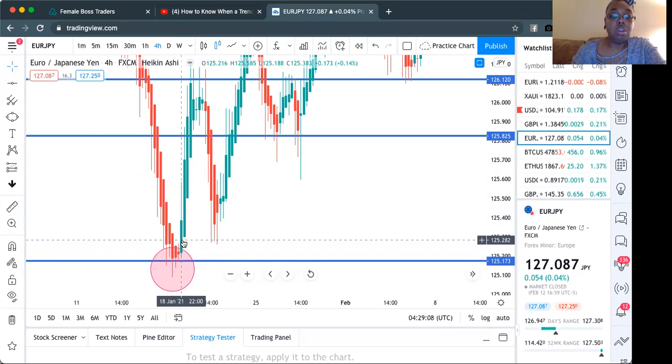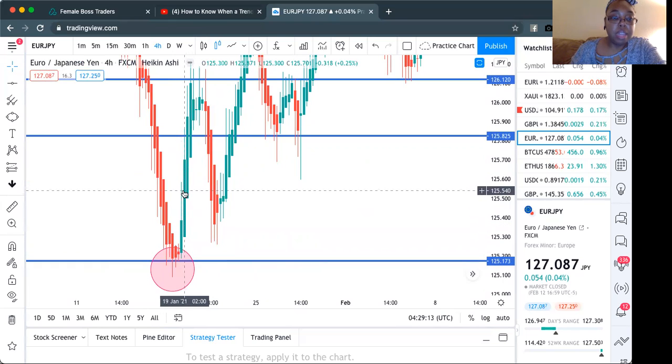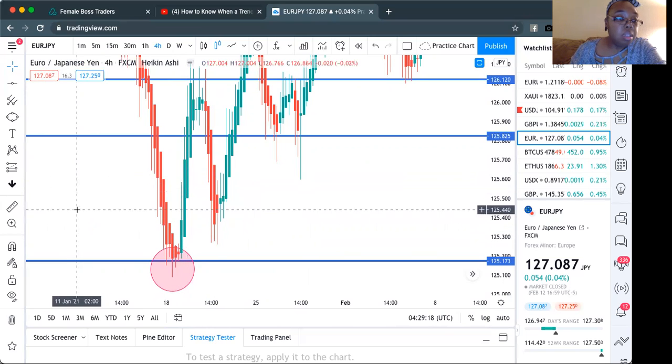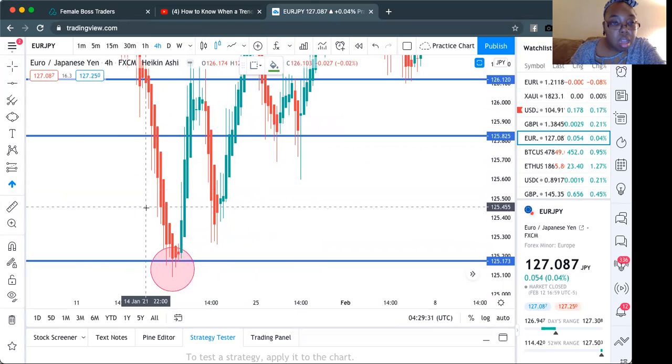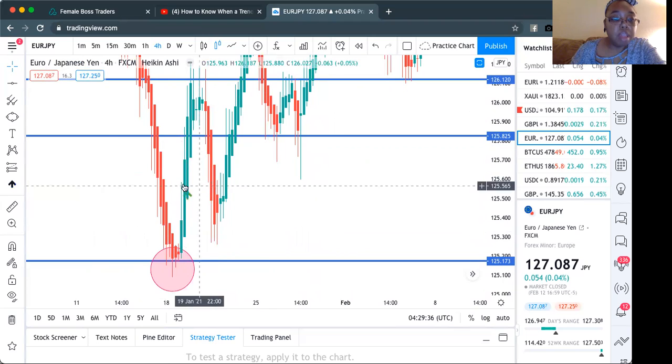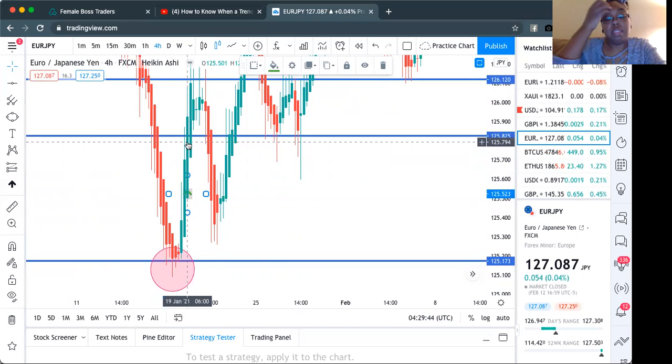You always wait, and you wait for that third candle. I'll wait for this candle right here, and hopefully you can see that. I get in, and you can still catch some pips, guys.